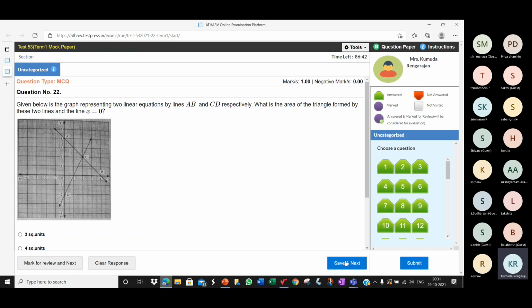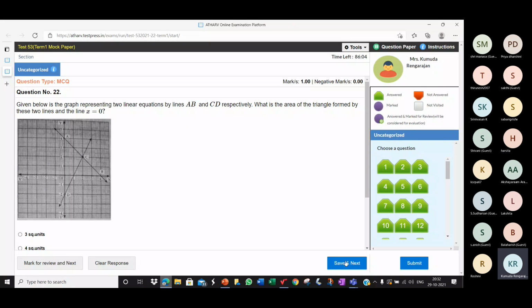What is the equation of the y-axis? X is equal to 0, ma'am. What's the equation of the x-axis? Y is equal to 0.